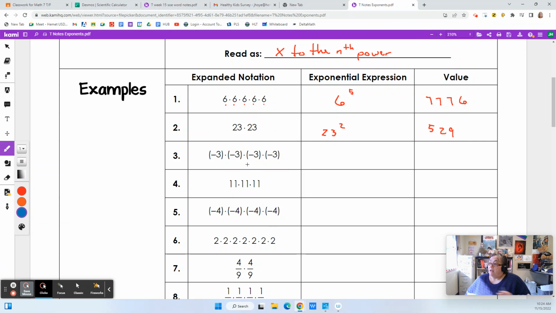So, very important piece of information: see here where I have -3 times -3 times -3 times -3. Always make sure you keep those negatives in the parentheses so that when you square it or make it to the third power, in this case, right, we have 1, 2, 3, 4, so it would be to the fourth power.